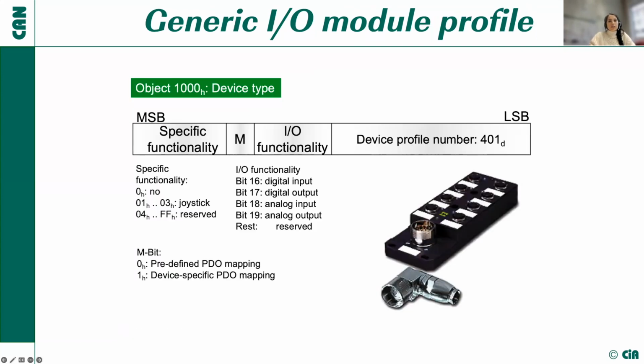I said that the CiA profiles make a network scalable. Here with an example, I would like to explain more.